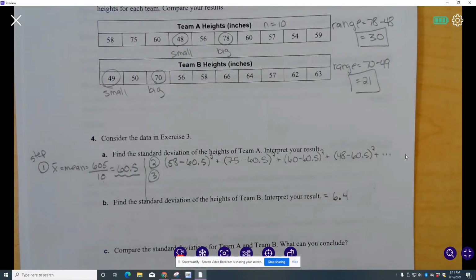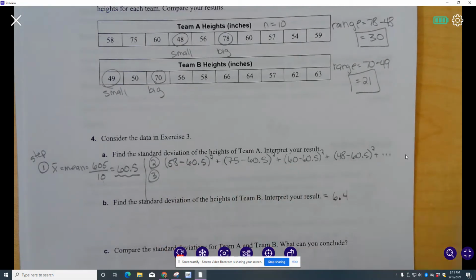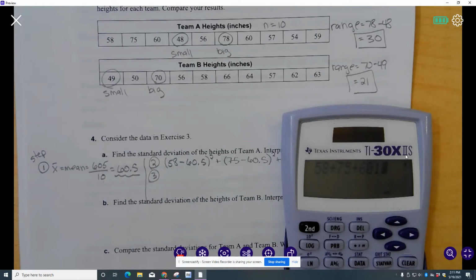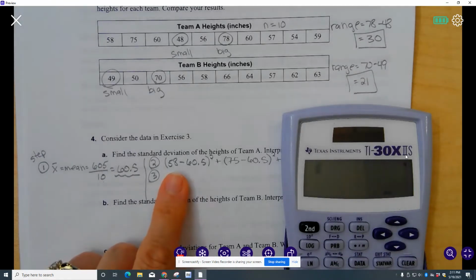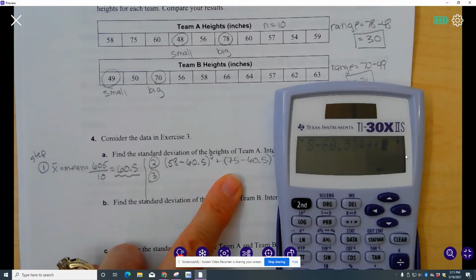So once you've written all these out, then you want to very carefully put all this in your calculator. So I'm going to just use a lot of parentheses. I'm going to do it exactly like I wrote it. Parenthesis, 58 minus 60.5, right parenthesis squared, plus left parenthesis, 75 minus 60.5, right parenthesis squared, plus, and so on.